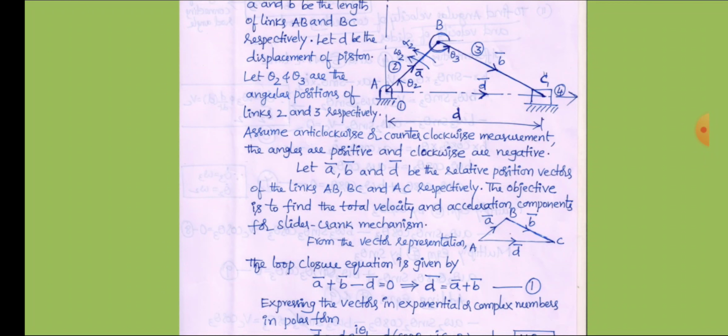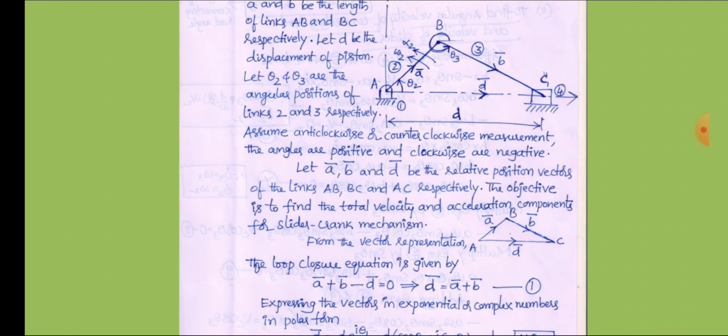Suppose if I indicate in the opposite direction C to A, then I should take A bar plus B bar plus D bar. But here, as far as the derivation is considered, you follow the same thing. A bar and B bar both are positive because both are in the same direction, whereas D bar is in the opposite direction, therefore minus. So A bar plus B bar minus D bar is equal to 0. If I take it on the other side, then I can write D bar is equal to A bar plus B bar. That you call equation 1.